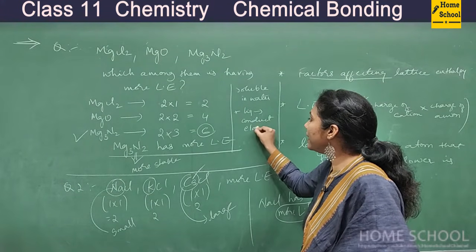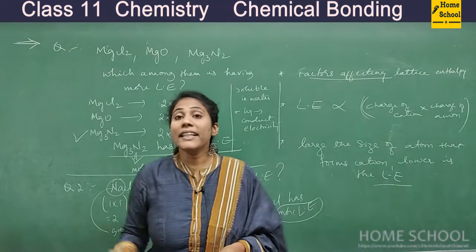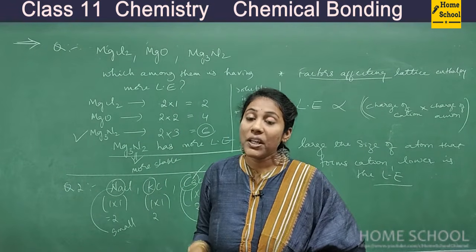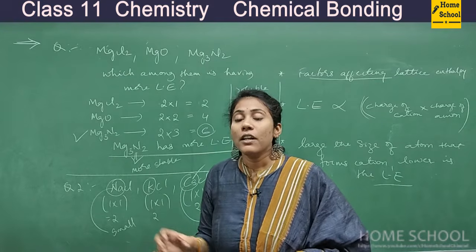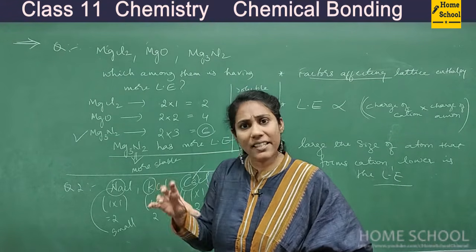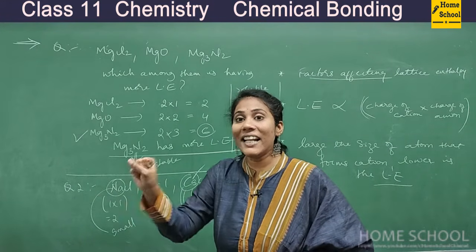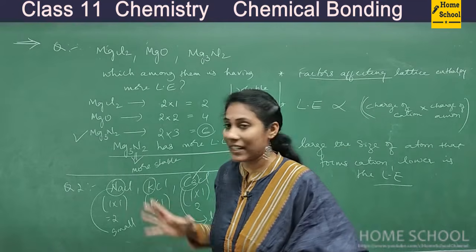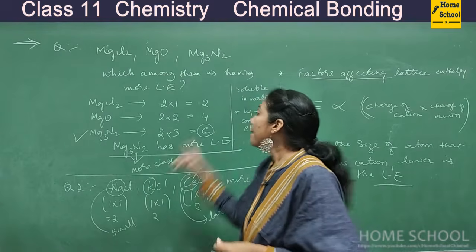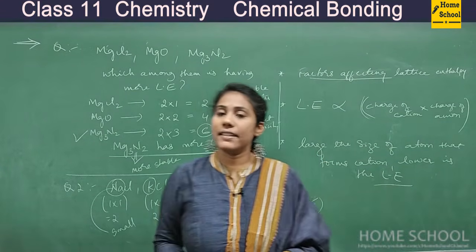They have the ability to conduct electricity, because ionic compounds in liquid or molten state break up into ions. These ions are movable. So movable ions always conduct electricity. Whereas in a solid state, ions will not move. They are tightly held by electrostatic force of attraction, right? So in solid state, they do not conduct electricity, but in liquid or molten state, they do conduct electricity.